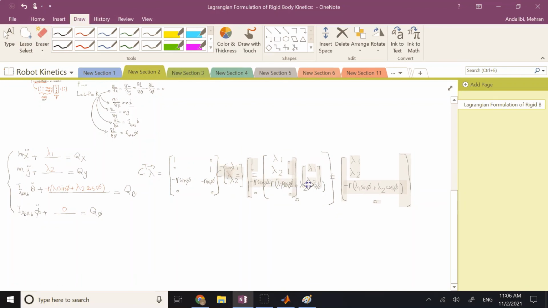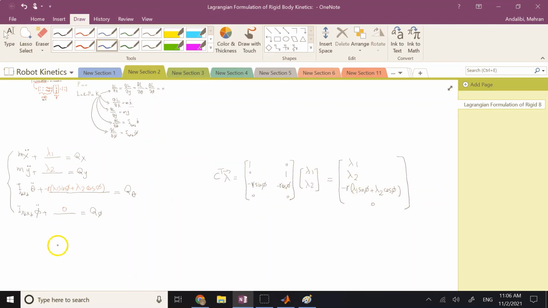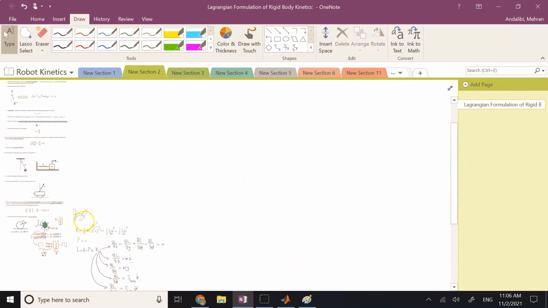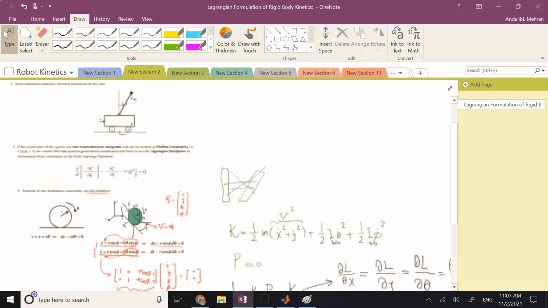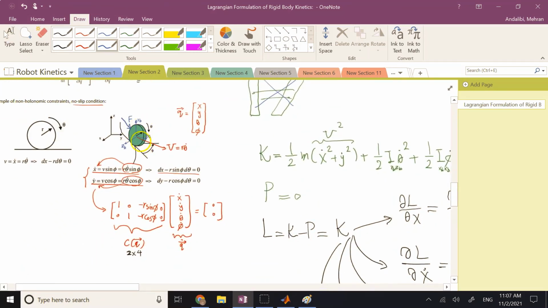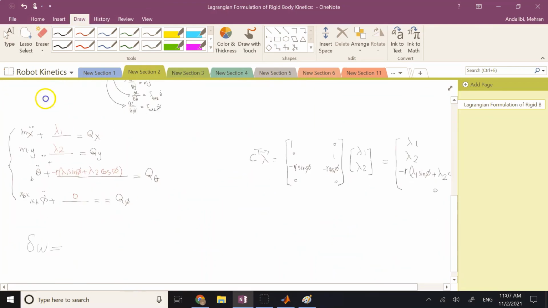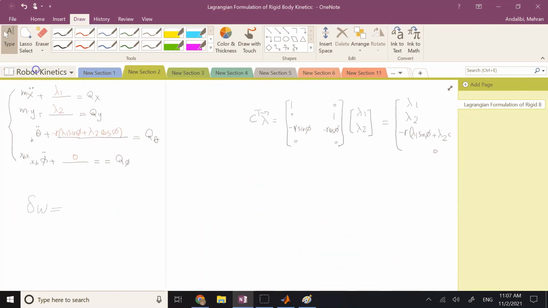Well, here the problem is not so hard regarding that, because the total variation of the work, in this case, the only force really on the rigid body of this object that does work is the external force. The static friction doesn't do anything. Mg and n are perpendicular to the direction of motion. So you only have the F, and this F, as I said, can have X component and Y component, right?